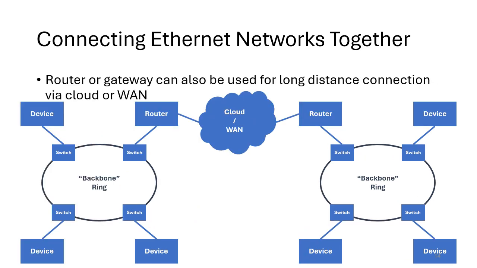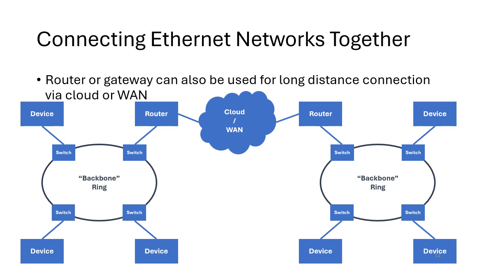So this is similar to the previous slide, but now we've got a cloud or WAN connection, WAN being wide area network as opposed to local area network or LAN. So in this case, these 2 networks could be very far apart, and that cloud could be the internet, or it could be a private connection between 2 different offices of the same company.